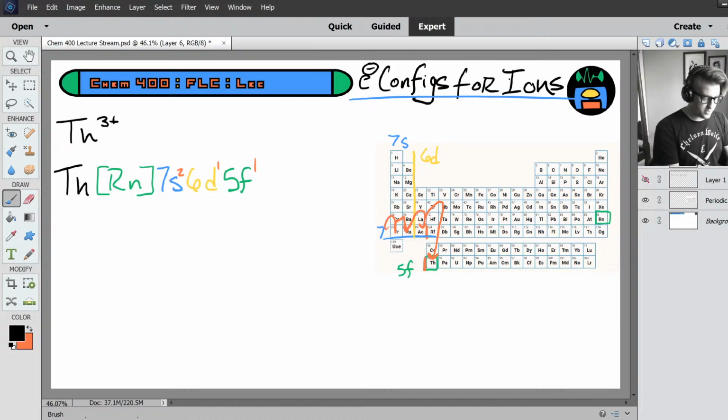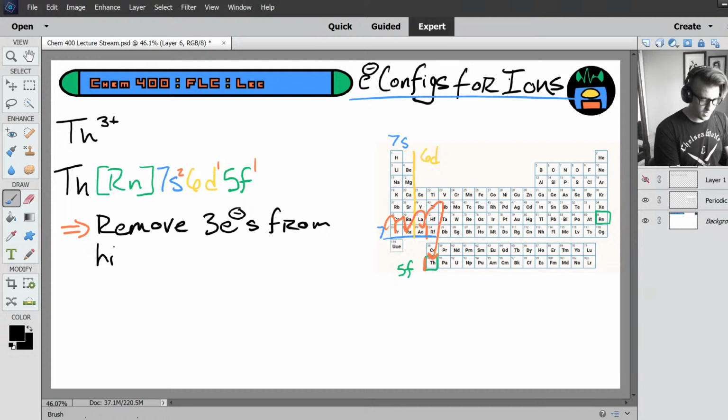Now we need to remove 3 electrons from the highest energy shells, right? But the thing is, we actually only have 2 electrons in our highest energy shell.